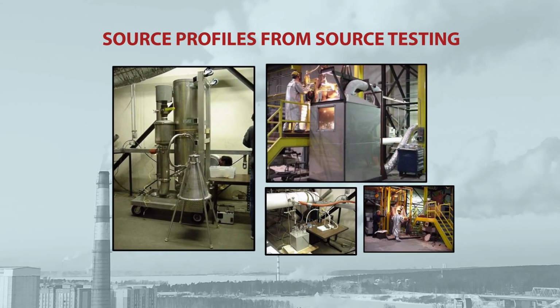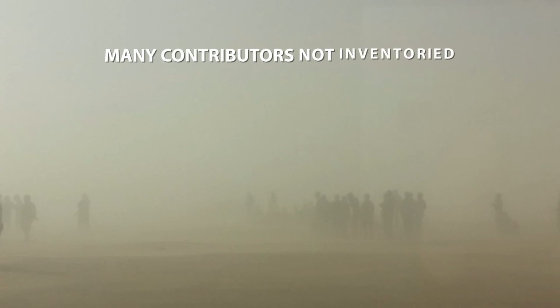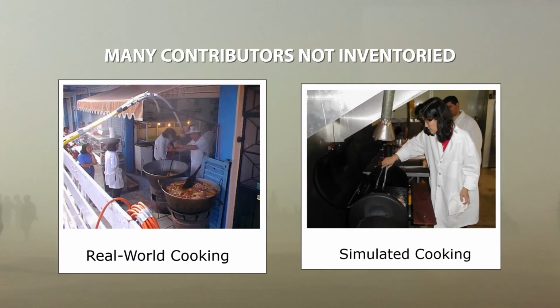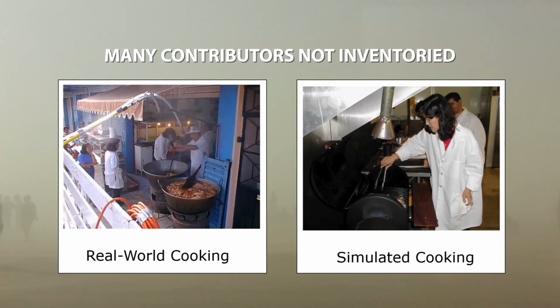And these are the source profiles, the source profiles or the emission inventory. From the emission sources we can identify, for example, what amount of sulfur dioxide, what amount of nitrogen dioxide or what amount of particulate matter is being released from a kitchen or from an industry or from a vehicle.